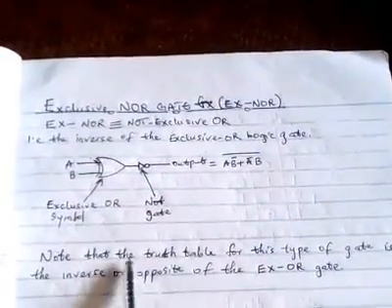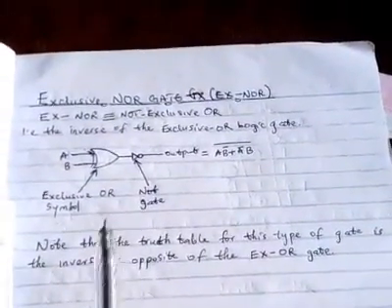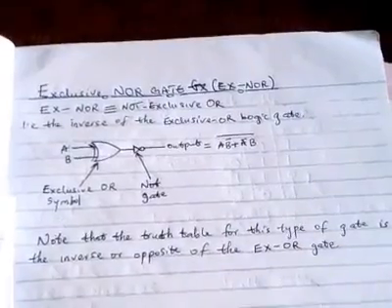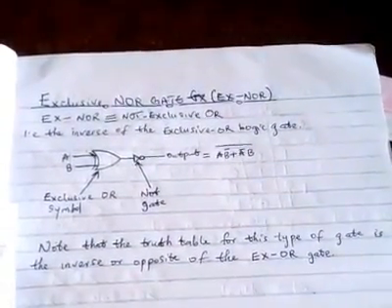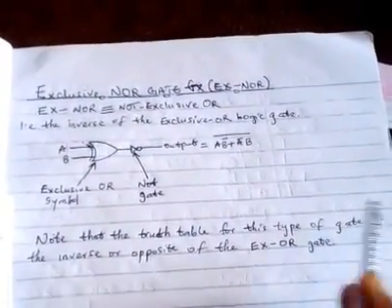Now I didn't draw the truth table because the truth table is just the exact opposite of the exclusive OR gate. So if you draw the truth table for the exclusive OR gate, just inverting the output is the truth table for the exclusive NOR gate. So just inverting the output, that's all you need to do.